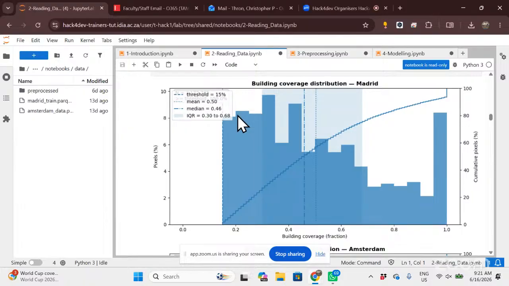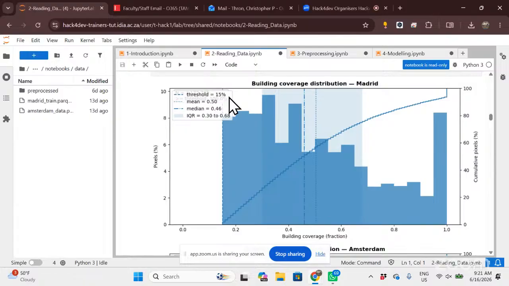Maybe there's a yard, maybe there's some water, maybe there's a parking lot, maybe there's something else. Not all the pixels are filled with buildings, but we only select pixels that have a minimum fraction, looks like 15%. So we pre-screened and removed any pixel that had less than 15% building in it. You will see that in some of the pictures. You will see a lot of gray pixels which were removed because there was not enough building in that pixel.